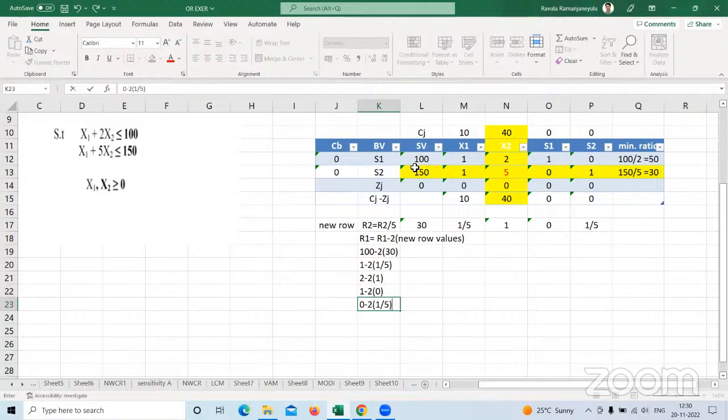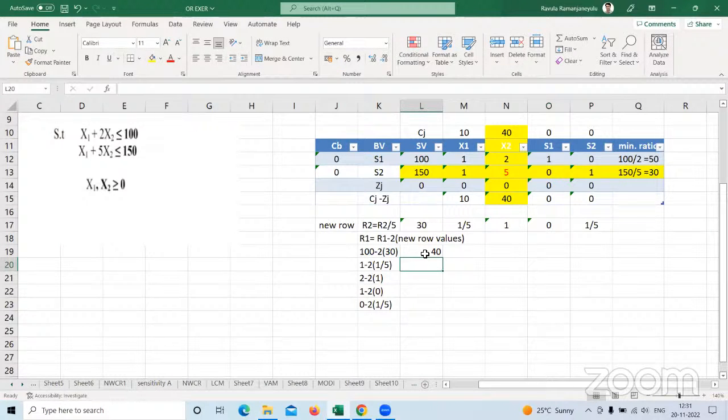This is the calculation for the other row, other than the key element. For the first row, 2 into 30 is 60, 100 minus 60 gives 40.